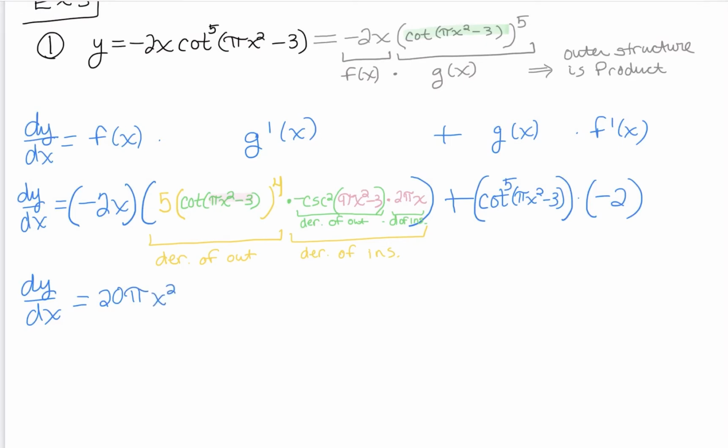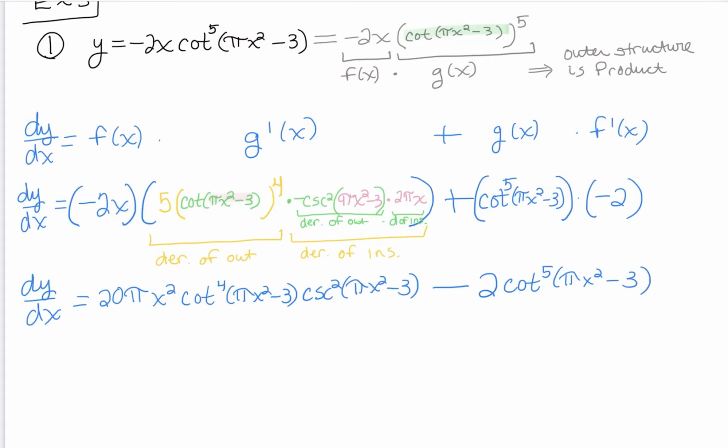And then I'm going to have cotangent to the fourth of pi x squared minus 3 times cosecant squared of pi x squared minus 3. And my last term is just going to be minus 2 cotangent to the fifth of pi x squared minus 3.